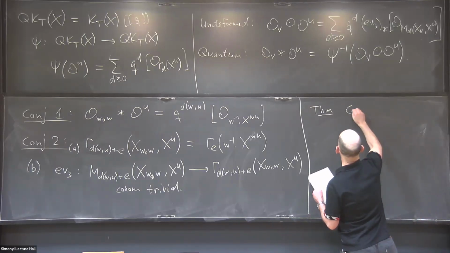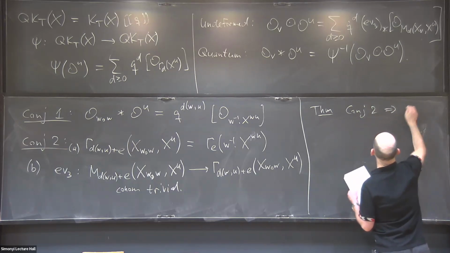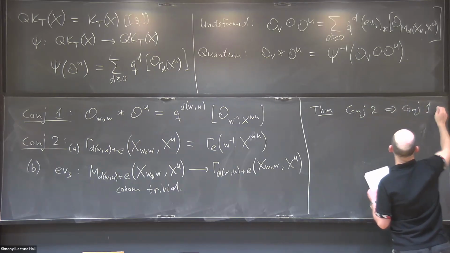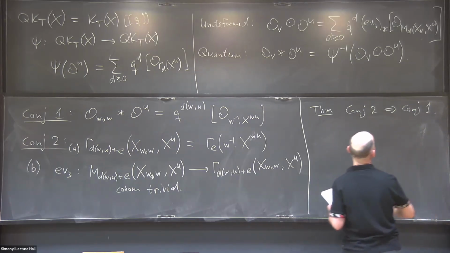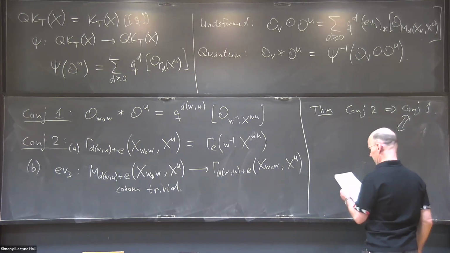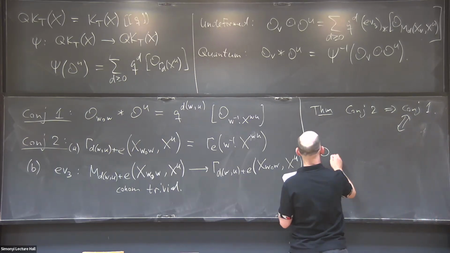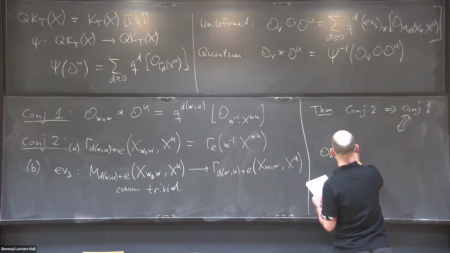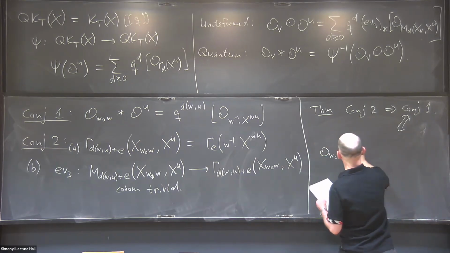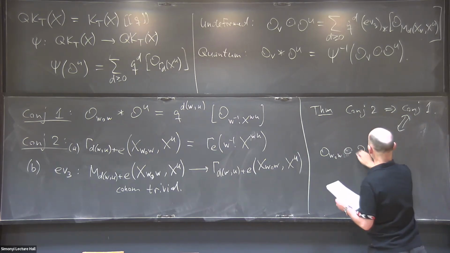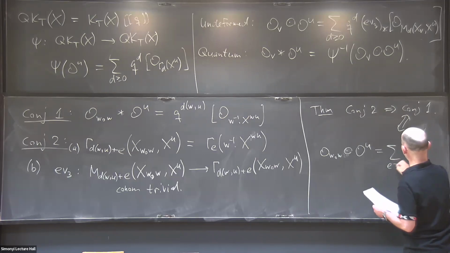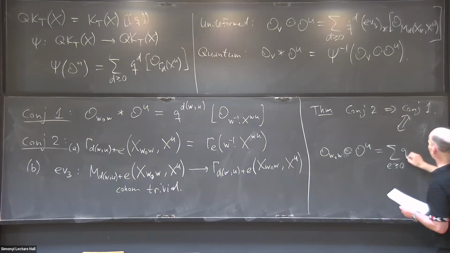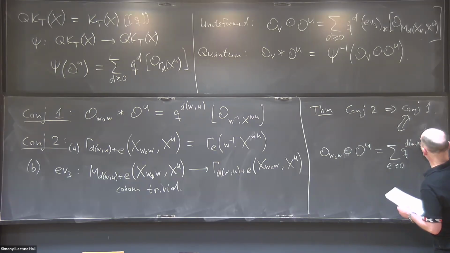Let's see, conjecture 2 implies conjecture 1. And why is that? Well, that's because conjecture 1 is really equivalent to the statement that when you take the undeformed product, you just get the sum over all e greater than or equal to 0 of q to the degree plus e times the structure sheaf class.